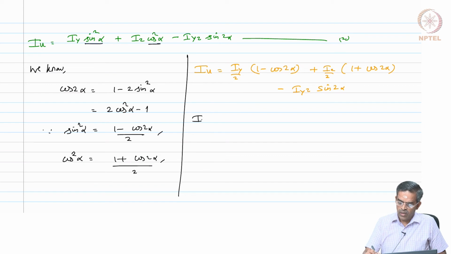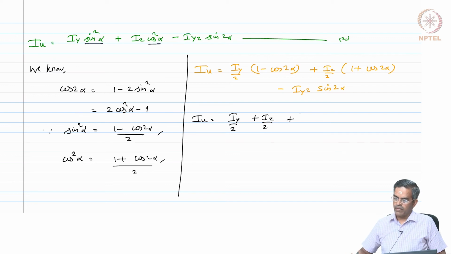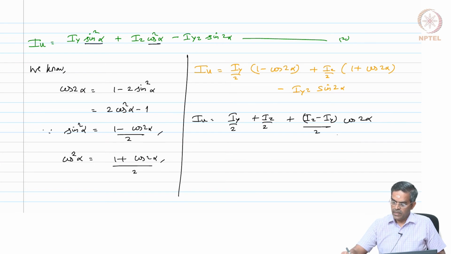So, I can say now Iu is Iy by 2 plus Iz by 2, plus (Iz minus Iy) by 2 cos 2 alpha, minus Iyz sin 2 alpha.